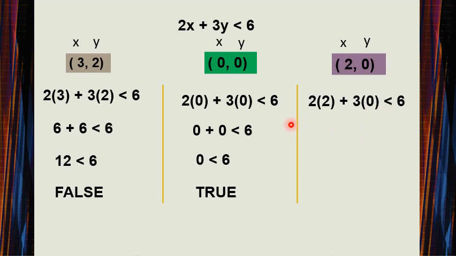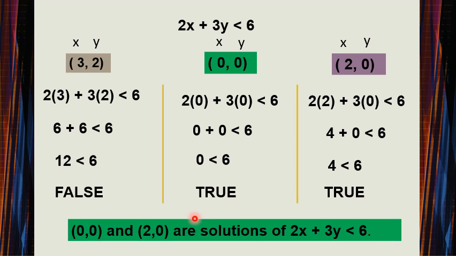Then multiply: 2 times 2 and 3 times 0. So 4 plus 0 less than 6. So 4 plus 0 is 4, less than 6. Is this true or false? Yes, it is true. Why? Just because 6 is greater than 4. So it means these are the solutions of 2x plus 3y less than 6.